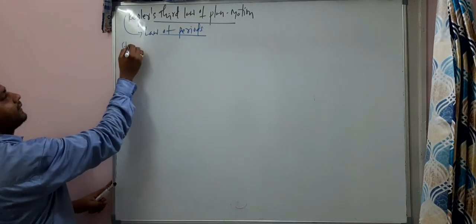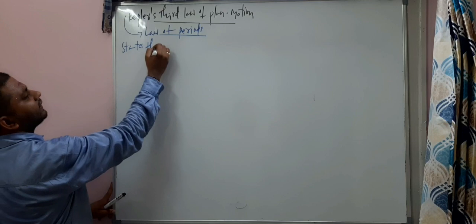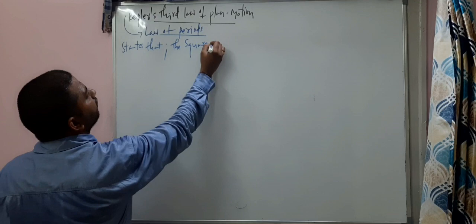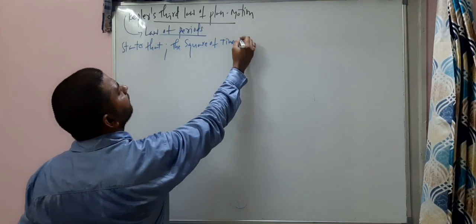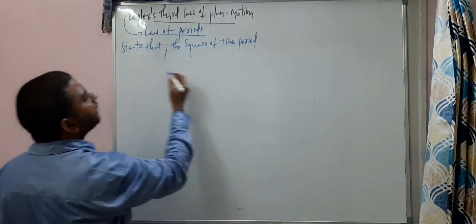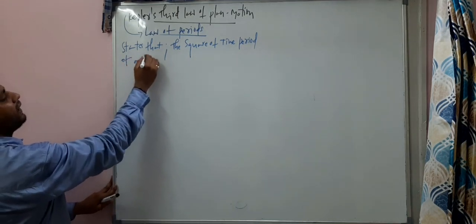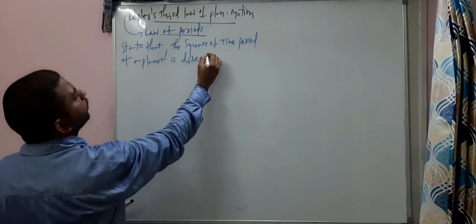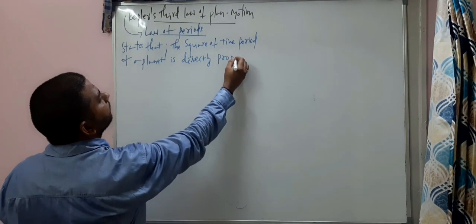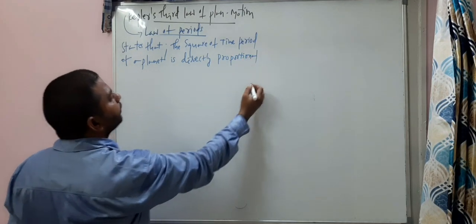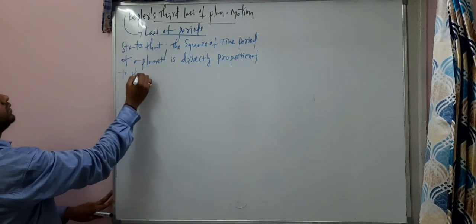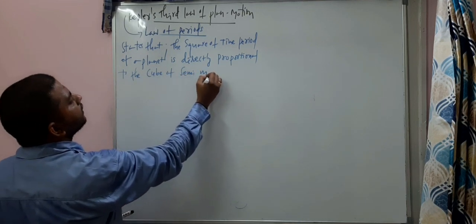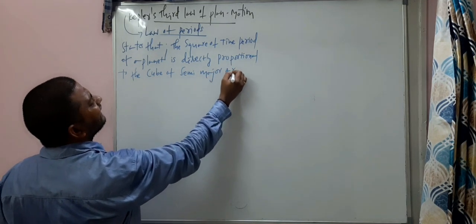It states that the square of the time period of a planet is directly proportional to the cube of the semi major axis. So simple.